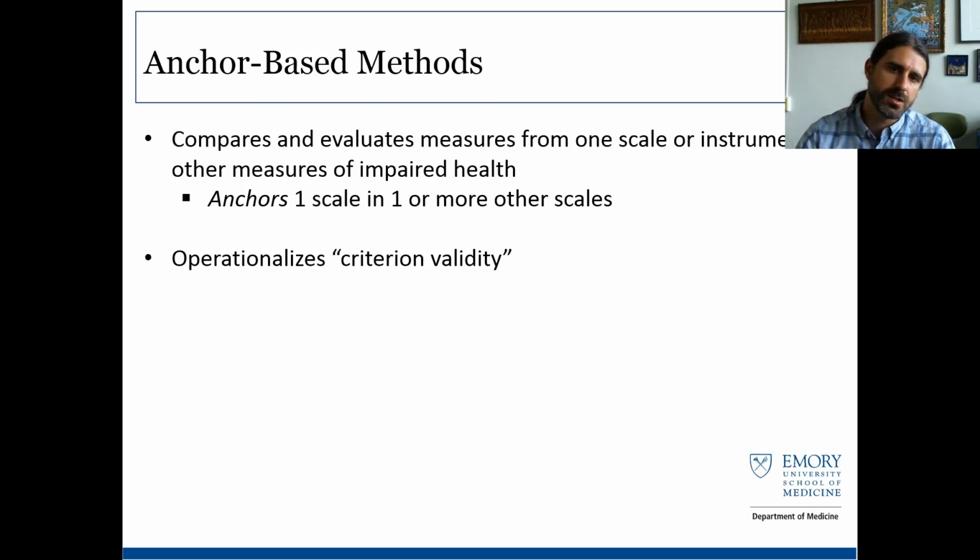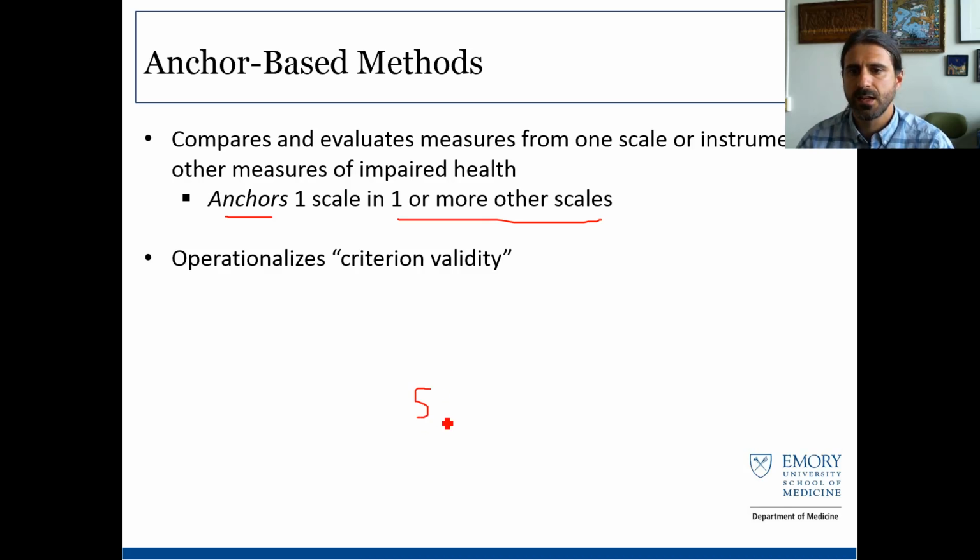This operationalizes a theoretical concept we just spoke about, which was criterion validity, and essentially it restates that. So this compares and evaluates measures from one scale or instrument to other measures of impaired health. It anchors one scale in one or more other scales. One way to conceptualize that, we talked about SAT scores.